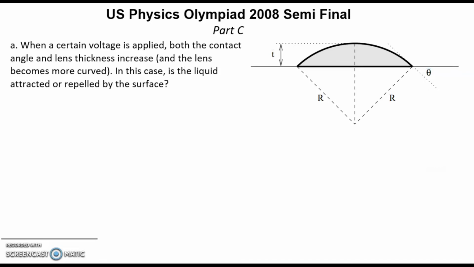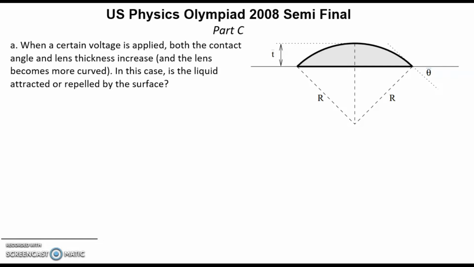Question A. When a certain voltage is applied, both the contact angle and the lens thickness increase, and the lens becomes more curved. In this case, is the liquid attracted or repelled by the surface? Answer.